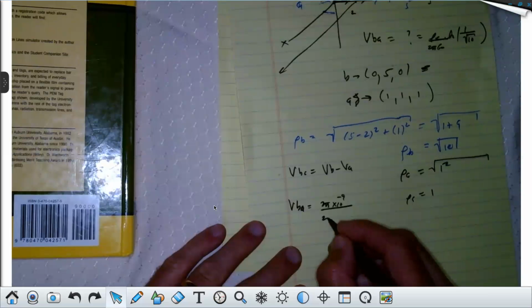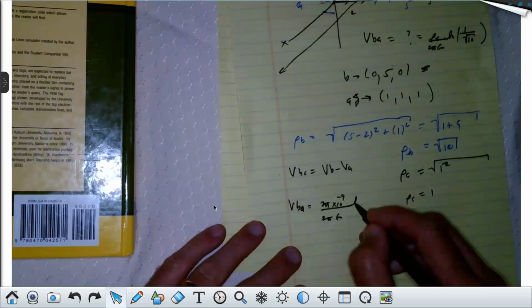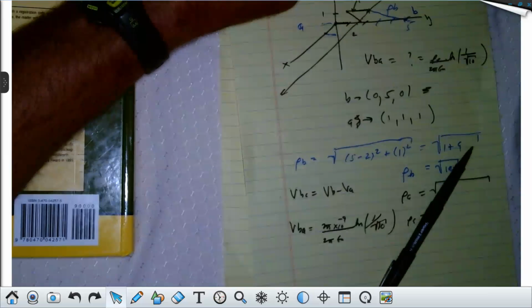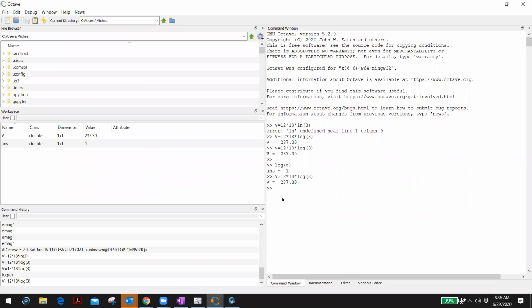Over 2 pi epsilon naught times the natural log of 1 over the square root of 10. And the only thing I'm going to do is that calculation. That's going to be negative. The whole thing here so you can see.